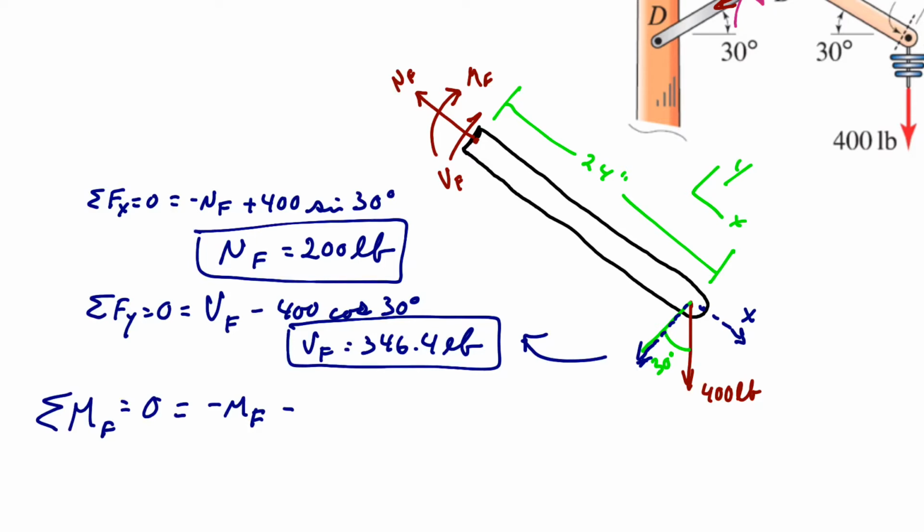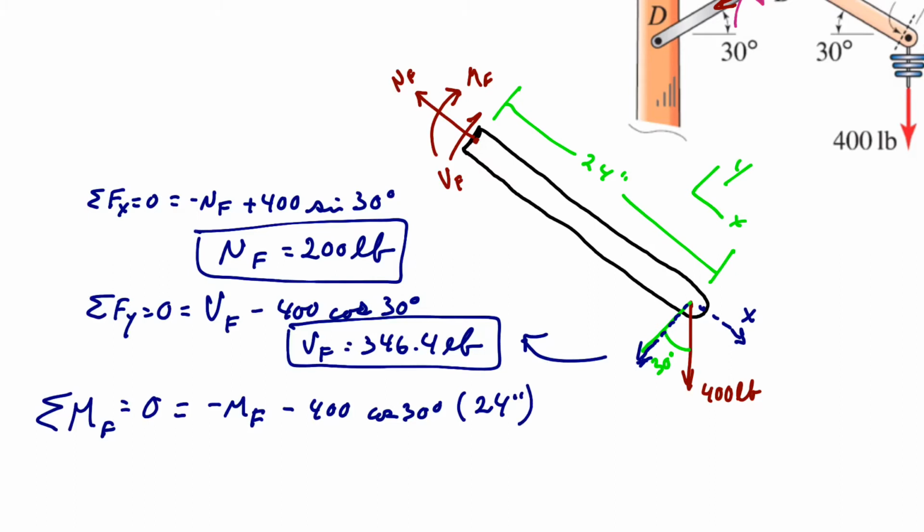So let's write what that is. Again, that will be minus 400 pounds cosine 30 degrees. That's the component that we've shown here. And then we have our distance, our moment arm, and that is the 24 inches.